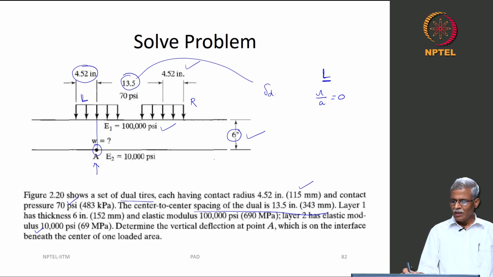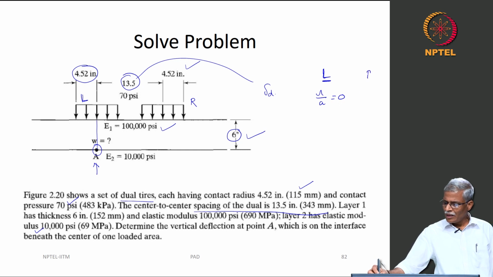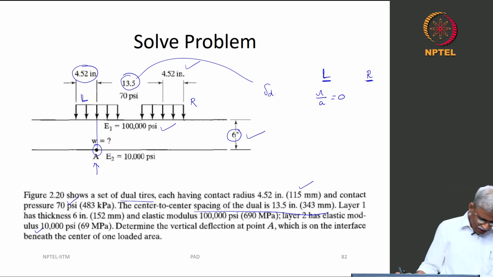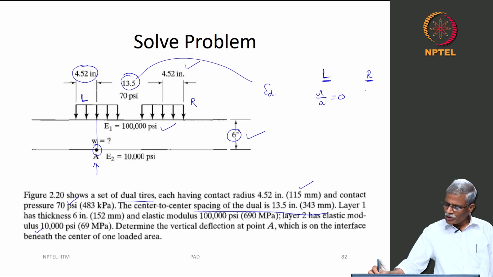Only in the right you are going to have a different R by A, which is 13.5 divided by 4.52.